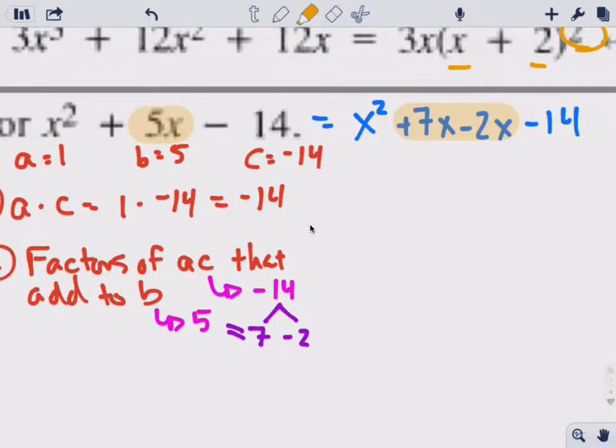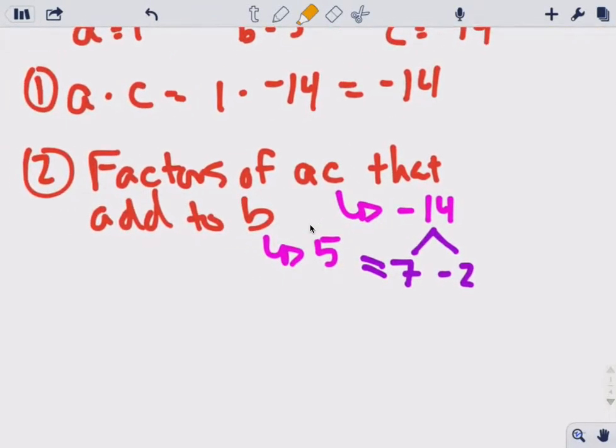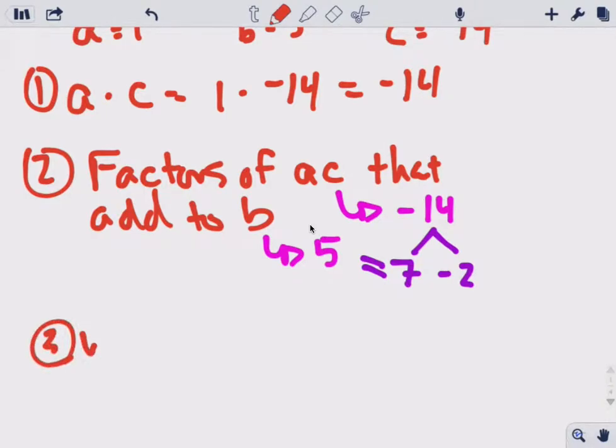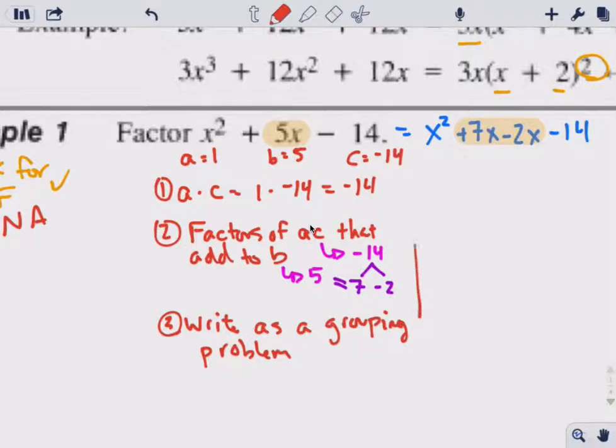Now, this looks like a factor by grouping. Okay, so our third step was to write as a grouping problem. And so we did that step up there.